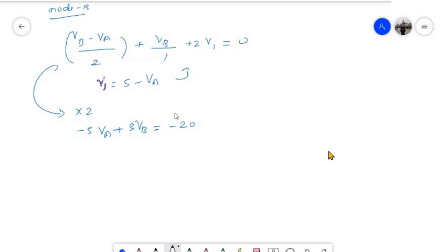The simple mathematical part, you can do by yourself. Maybe one more step I can write. So this will be your second equation.